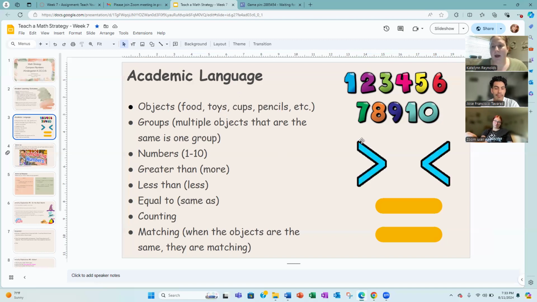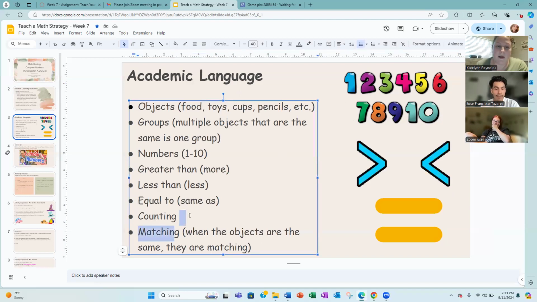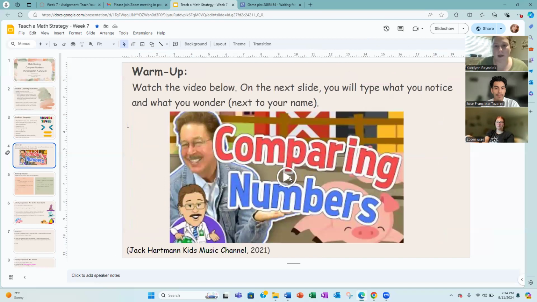And these are the signs for that. This would be greater than, and this would be less than. And counting, which would be either counting with your fingers or you can point and count. And then matching, knowing what matching is. Matching is when the objects are the same, that means they are matching. We're going to go ahead and watch this video.